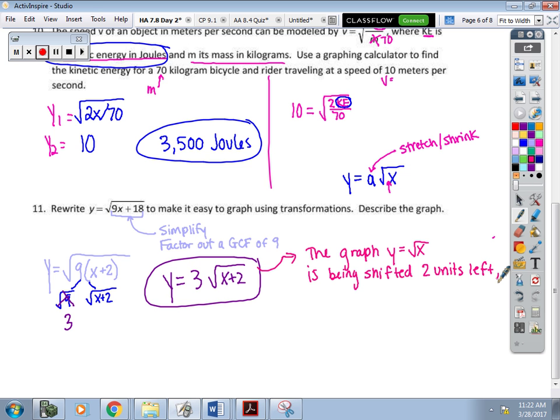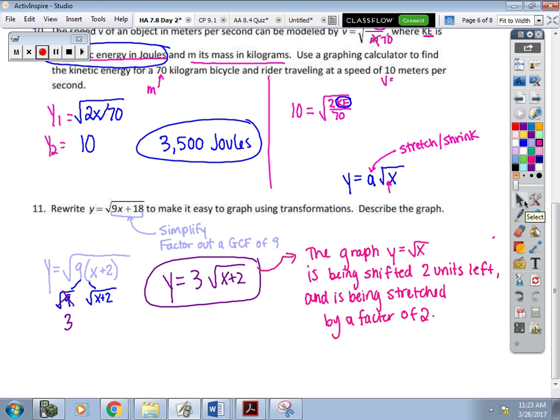And then the 3 in the front tells us that it's being stretched. So we can say it is being stretched by a factor of 3. On the homework, if you want to shortcut that with bullet points, like left 2, stretch 3, it's fine.